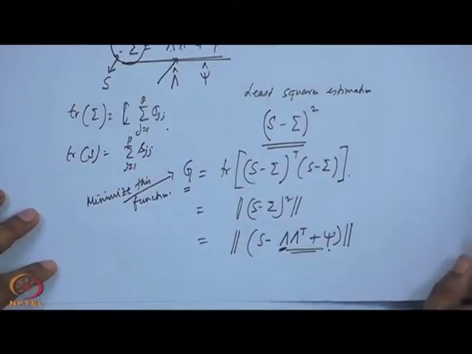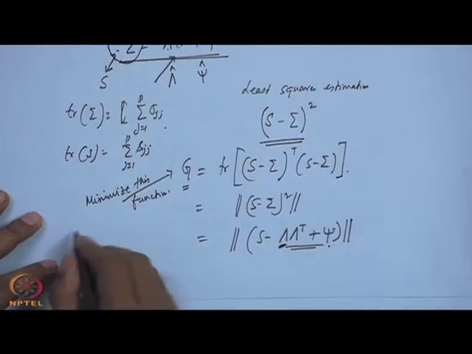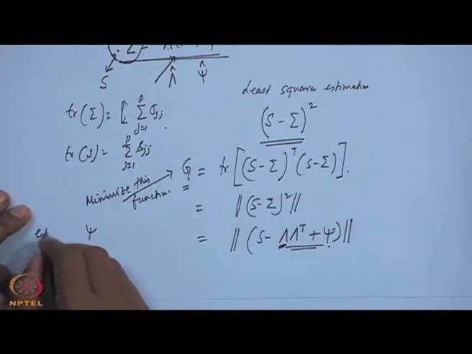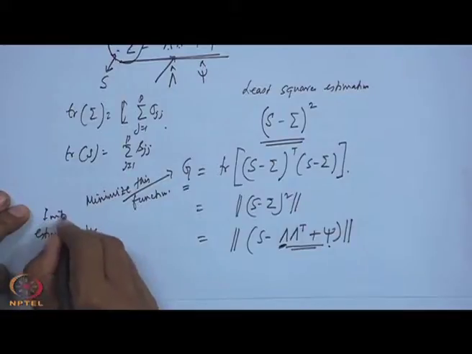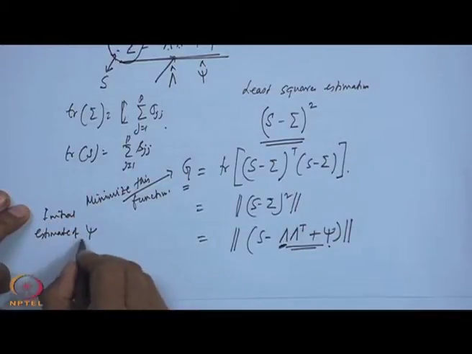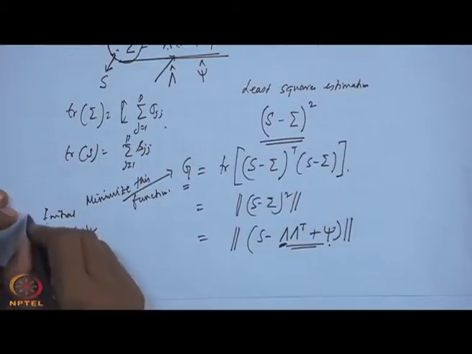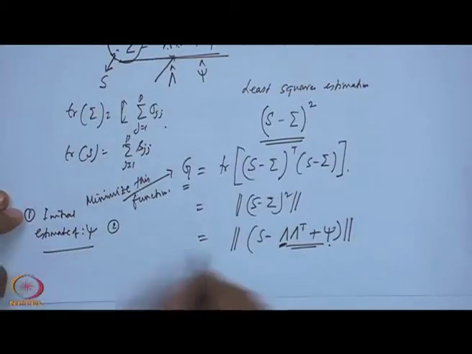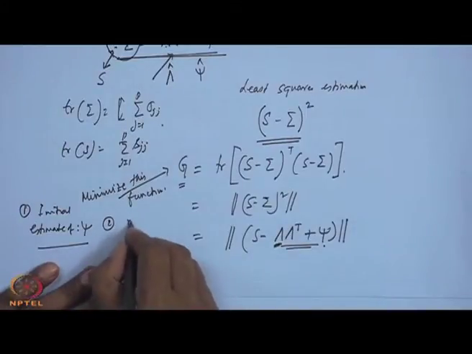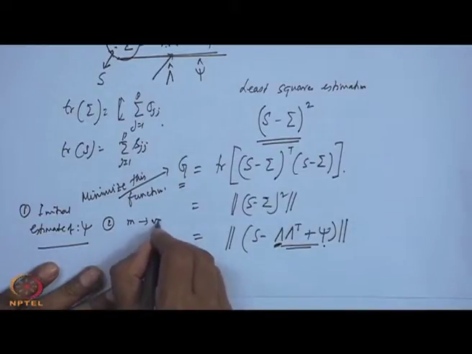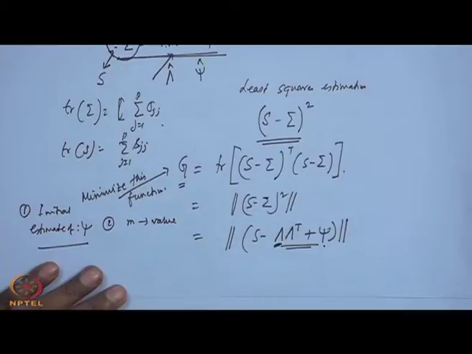So, as a result, we require an initial estimate of psi. Initial estimate of psi, this is one. The second requirement is how many factors we are extracting, m factors. What is this value? The value of m. That value you also require to know.